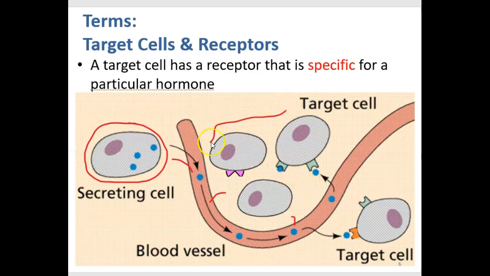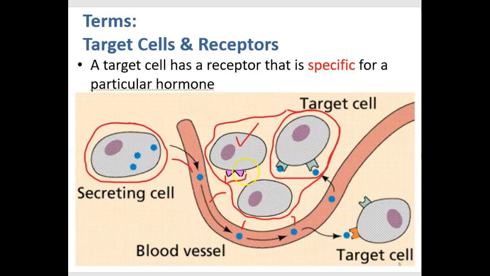Notice this group of 3 cells are all exposed to the little blue hormone. However, the only one that can respond, the only true target cell, is the one that has a receptor that the hormone fits into. This cell right here, I just put a check mark on it, has a receptor, but the receptor is not specific for the hormone.